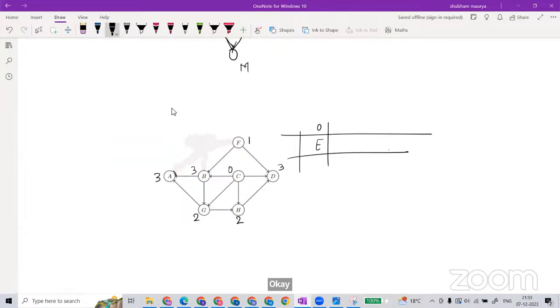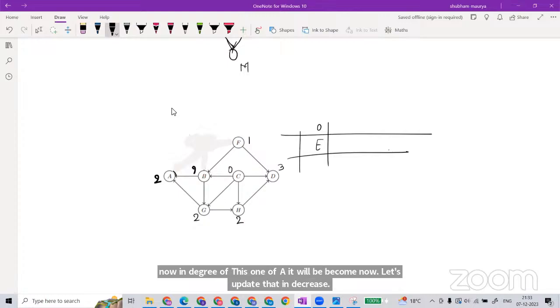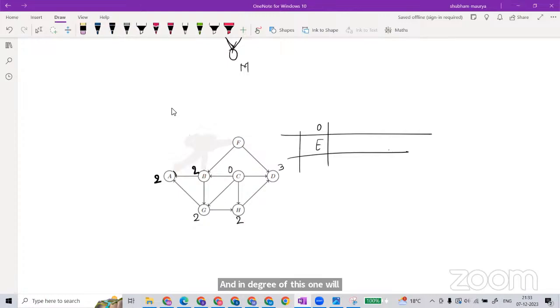So now the in-degree of A will become 2. Let's update the in-degrees, and the in-degree of this one will again be 2, and the in-degree of this one will go from 1 to 0. This is the process we take to sort the vertices.